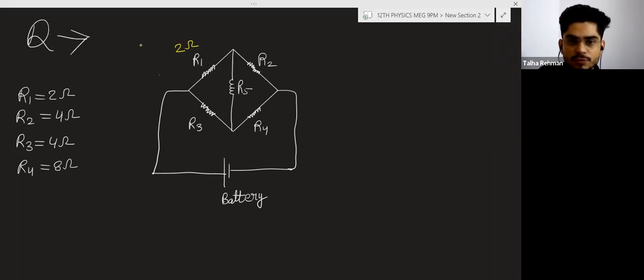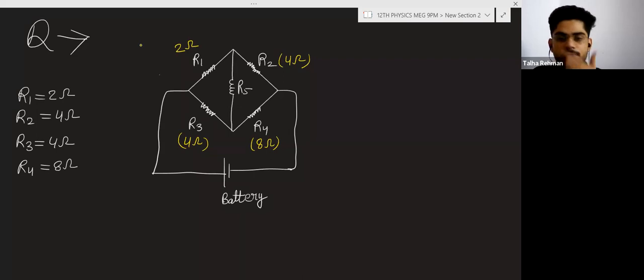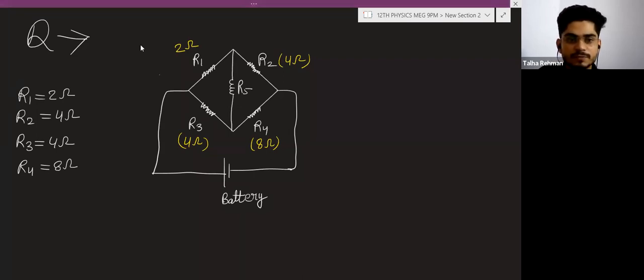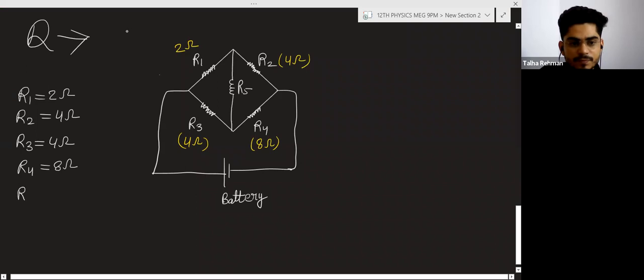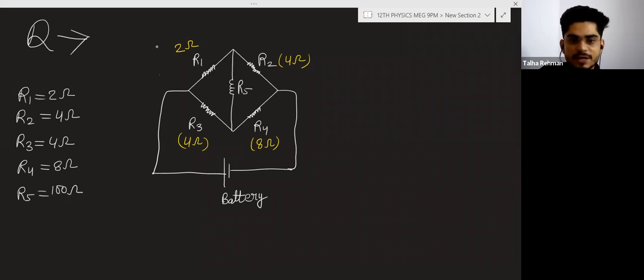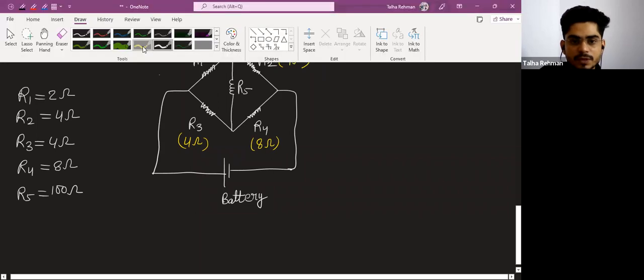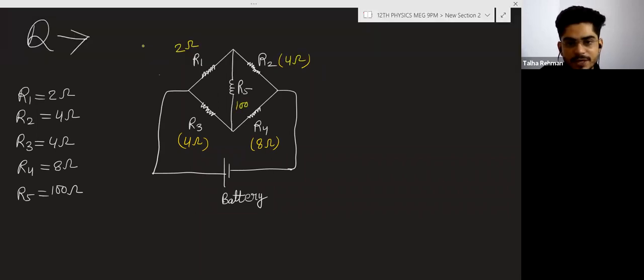This R2 is 4 ohm. The resistances are connected like this. And this R3 is given as 4 ohm, and this R4 is given as 8 ohm. I am just telling how to solve the problem. And R5 is also given as 100 ohm. So you will write here this R5 is 100 ohm.